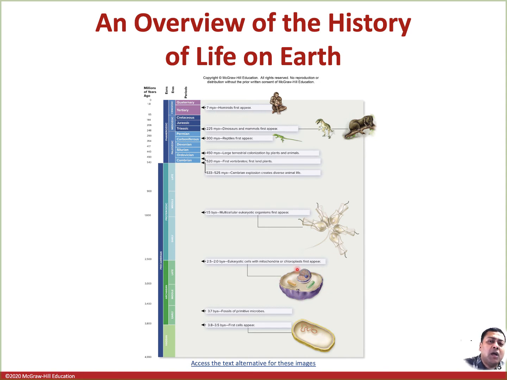And it took a huge amount of time to get to the reptiles, the amphibians or the dinosaurs, which are pretty recent. The dinosaurs existed probably 65 to 70 million years ago, which on the time scale is a pretty recent event. So this is just an overview, so read about it, but we are not going to ask you to memorize any of these time scales, or quiz you on any of these timelines.